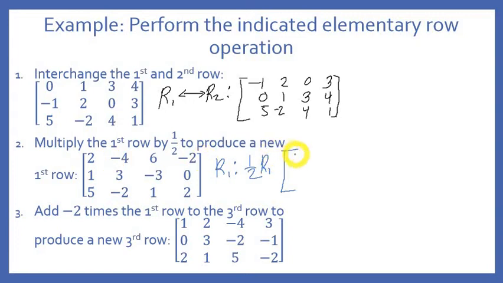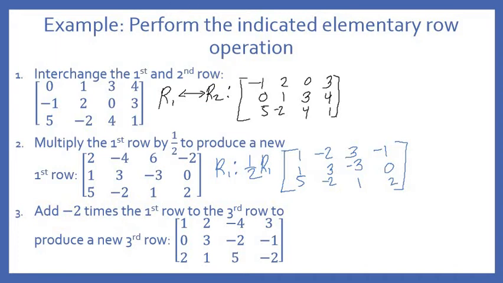So 1/2 times 2 is 1. 1/2 times -4 is -2. 1/2 times 6 is 3. 1/2 times -2 is -1. While the rest, I just need to copy. There you go. And here is our new matrix. But again, these are equivalent because we perform elementary row operations. They make the matrices equivalent.